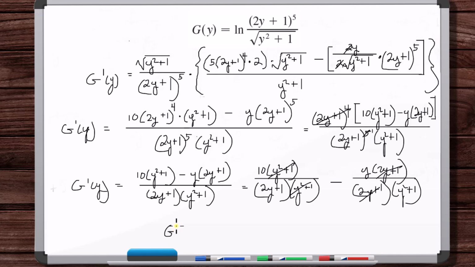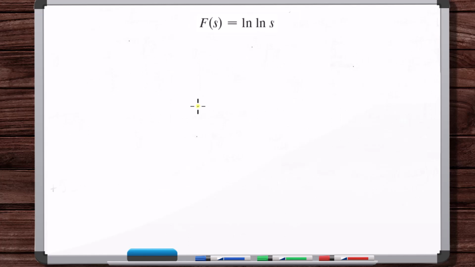So we've got, yeah, there we go. That's the derivative. Okay.